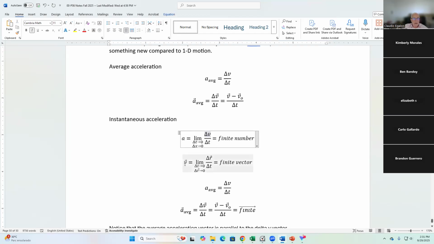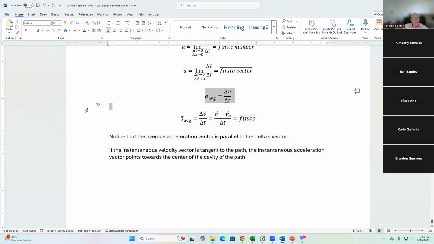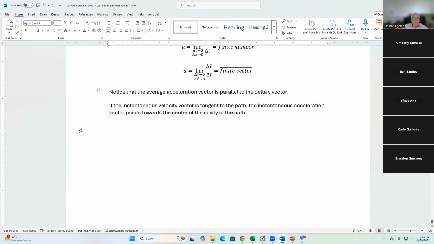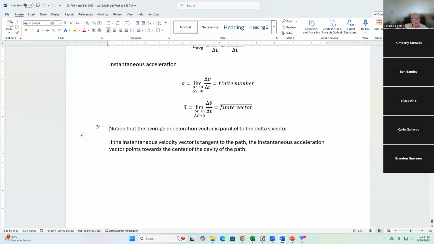That's the one-dimensional. That is the 2 and 3-dimensional. Instantaneous, finite vector. Here you go. And this phrase goes upstairs.